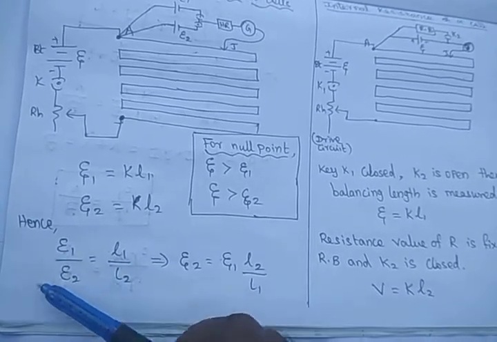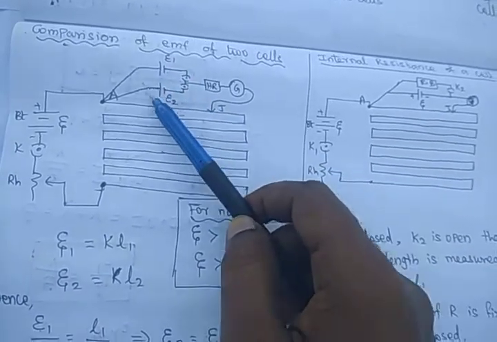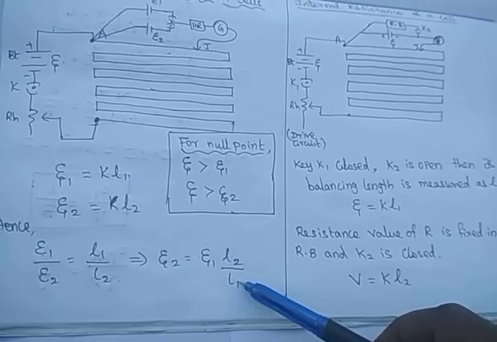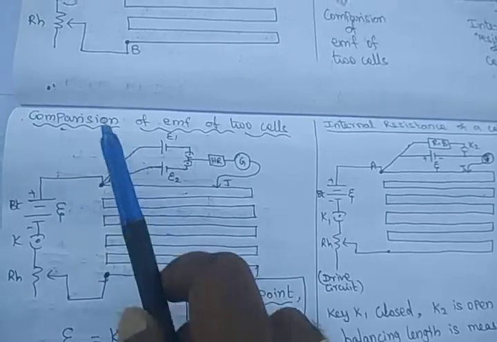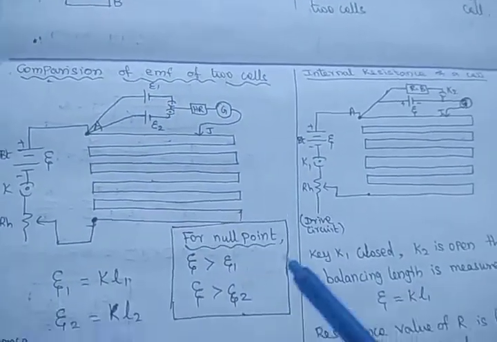If you want to calculate E2, if I already know the first cell EMF, it is easy for us to find the second cell EMF. E2 is equal to E1 into L2 by L1. So this experiment is used for comparison of two cells very easily and quickly.